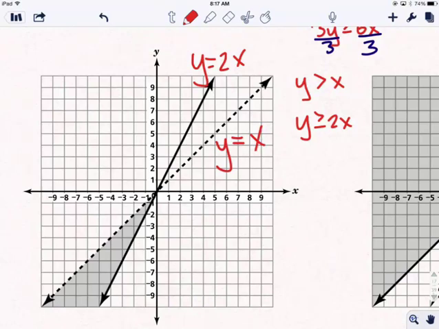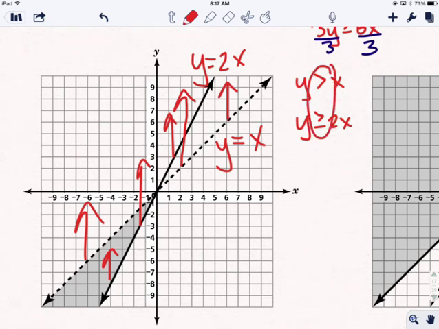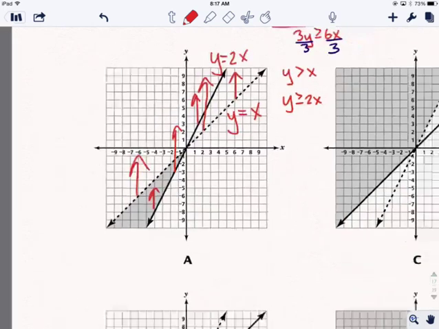So we want to find the graph that is shaded above this line and also above this line. Does that make sense? Because both of these signs are greater than or equal to sign. So which graph does that for us? Which graph shades above both lines?